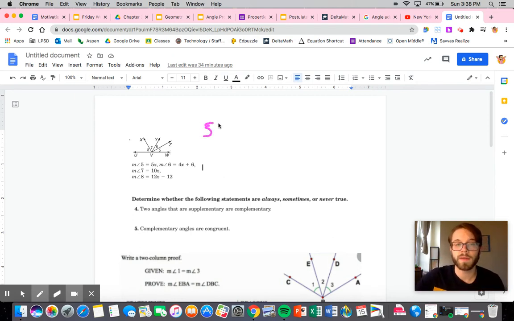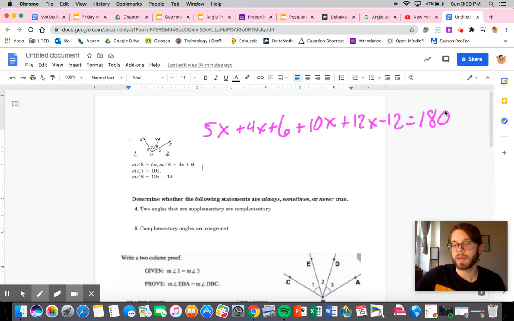So we have 5x plus 4x plus 6 plus 10x plus 12x minus 12 is equal to 180, right? And that's just coming from the fact that we have angles 5, 6, 7, and 8, and we know what all of their measures are because that information is given to us.